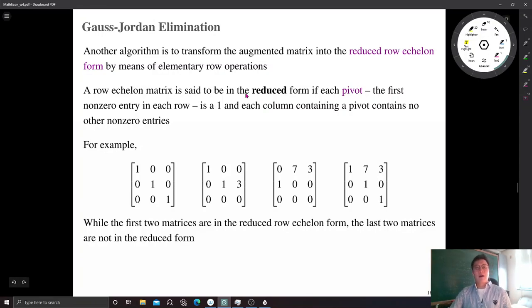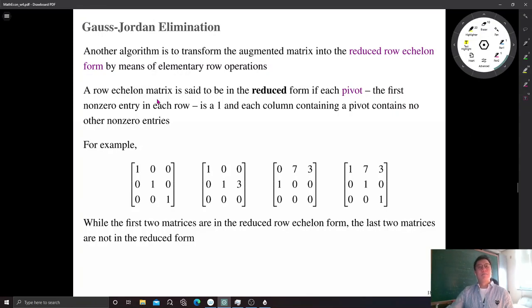And when we attempted to find a row echelon form matrix, we used row switching sometimes, but most times we used row addition. We never used row multiplication. That means each row can be divided by some scalar or can be multiplied by some scalar.